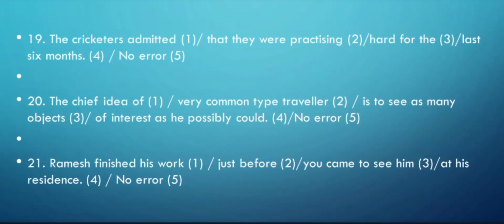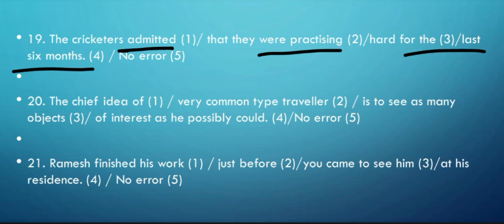Question number 19. The cricketer admitted that they were practicing hard for the last 6 months. See, the sentence is going into past tense. They were practicing, past tense, hard for last 6 months. This for last 6 months is telling us that we have to use past perfect continuous tense.